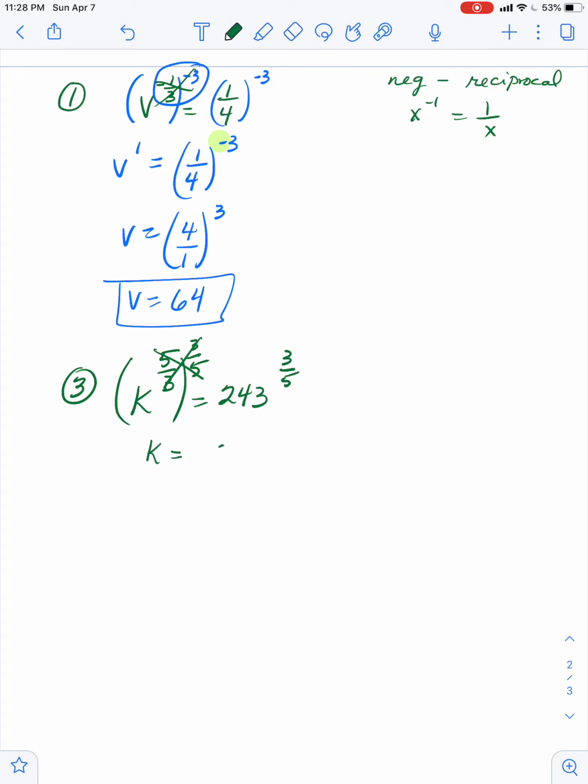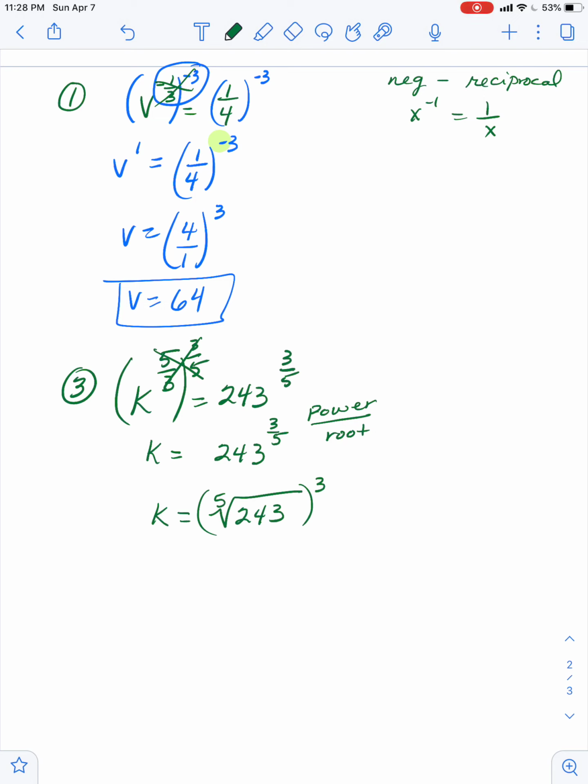So k equals 243 to the 3/5 power. Now this is where I told you I want you to write this out, guys. That also helps you practice. So 243, again, power over root. So my root is 5 and my power is 3, okay?